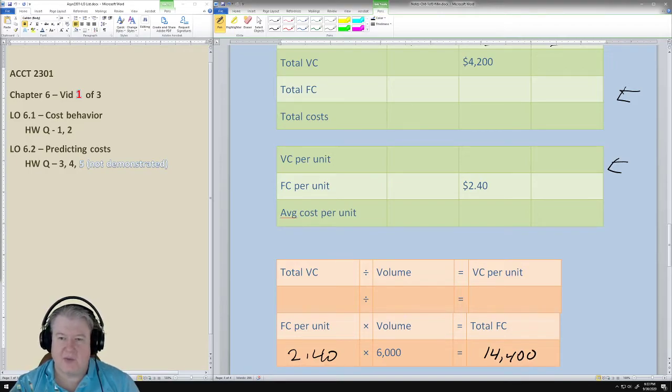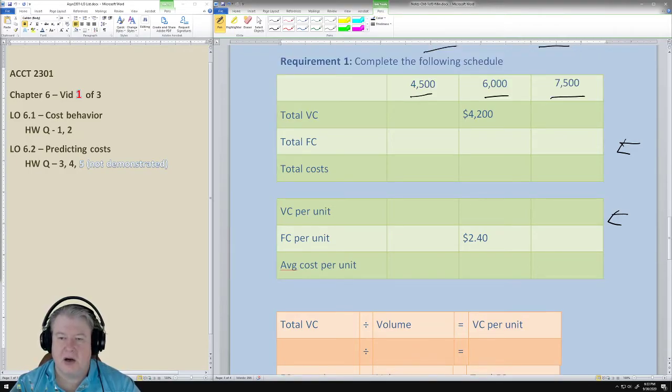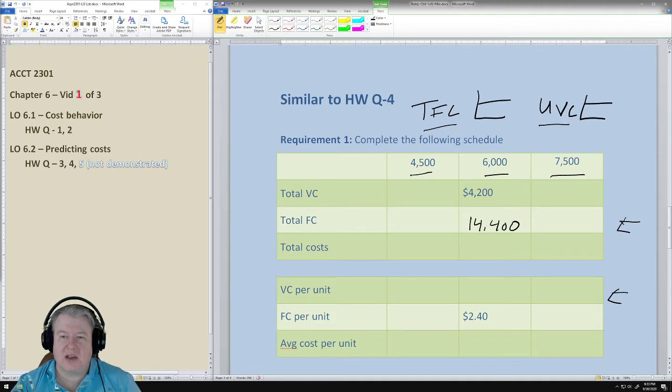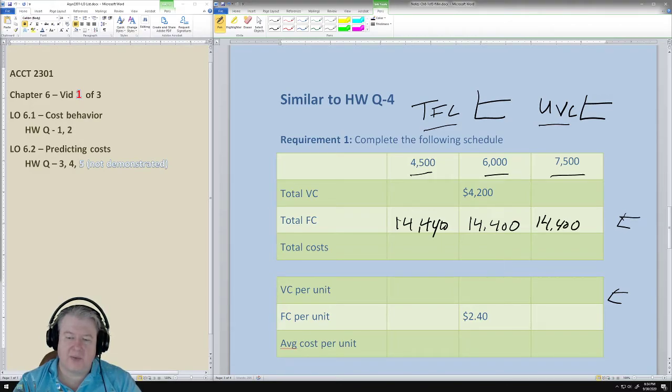So if I say for this particular one, 2.4 times 6,000 is going to give me my total fixed cost. Well, we know from this graph that total fixed costs are the same no matter what the volume is. That's like saying this is the rent. The rent stays the same no matter what. All we did was figure out what's the total. So because we know that total fixed costs are the same across the board, we can fill in these numbers.